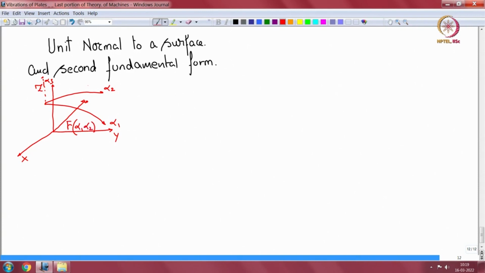So I want to describe the local normal, the small n, the unit normal, the local unit normal.